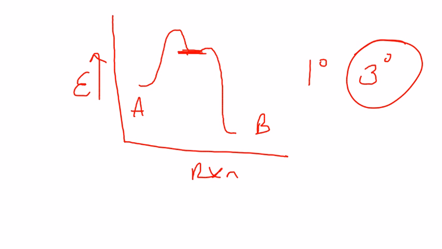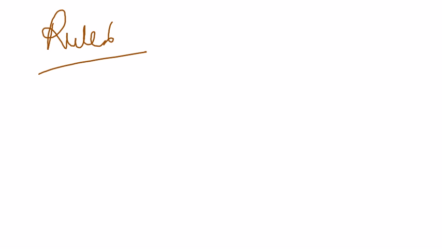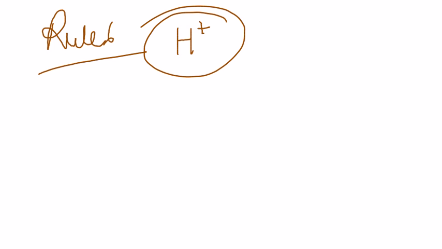Now, Rule 6 states that a proton exchange will take place when there aren't suitable nucleophiles or electrophiles, but the species has a strongly basic functional group or has an acidic proton. What that means is that, let's say you're using t-butoxide.